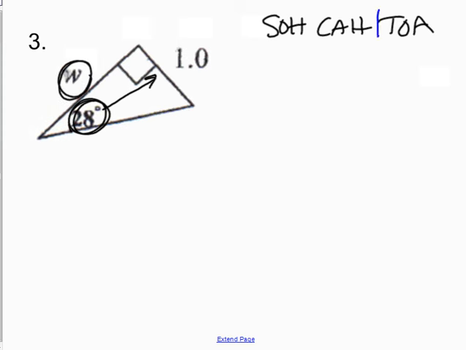That looks like it's going to be tangent. Opposite and adjacent. Okay, so we are now going to say the tangent of 28 equals the opposite, which is 1, over W.